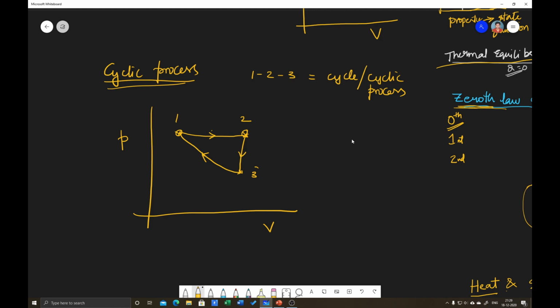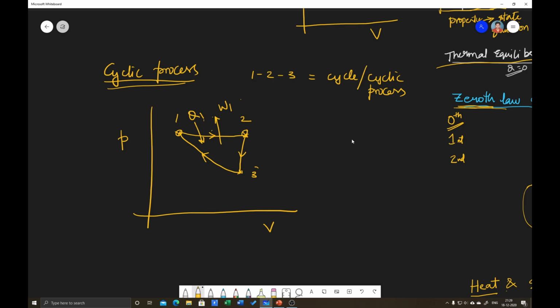So during this cycle, say suppose during the 1 to 2 process there is expansion, so there is work output and heat input. So this is Q1 and this is W1.